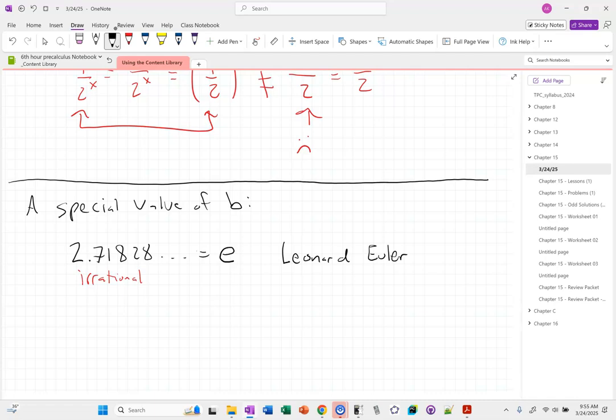We'll circle back to it when we talk about compound interest and stuff. It falls out pretty naturally there.